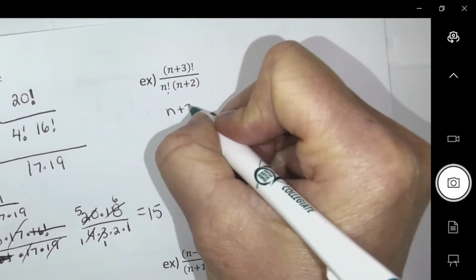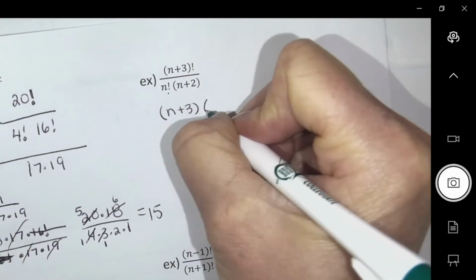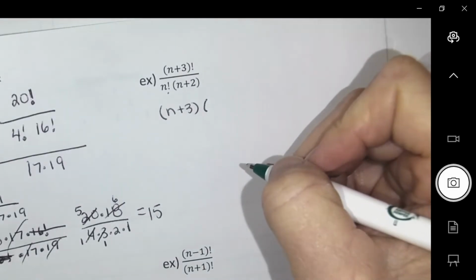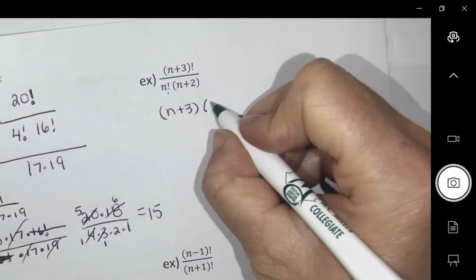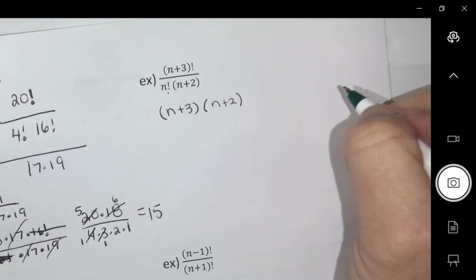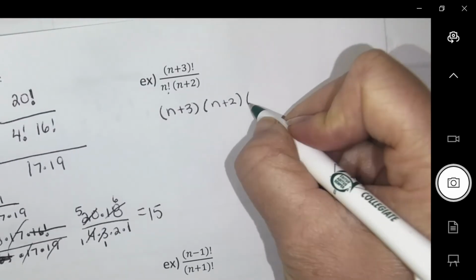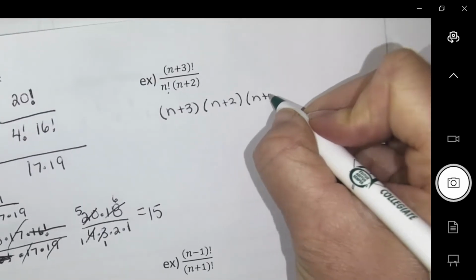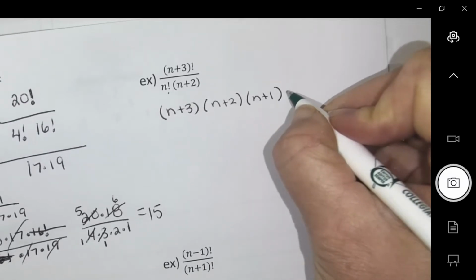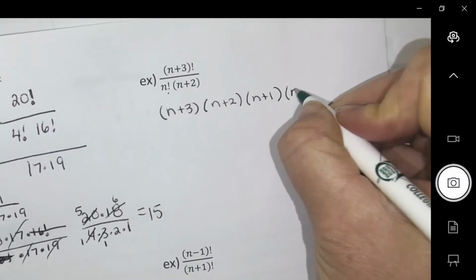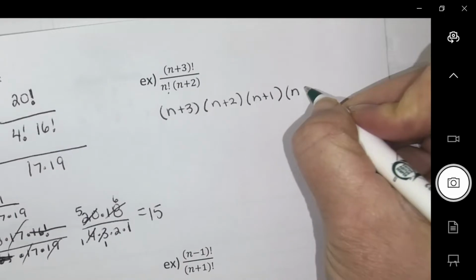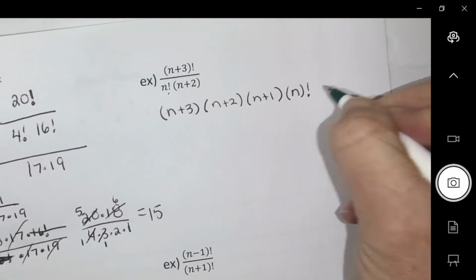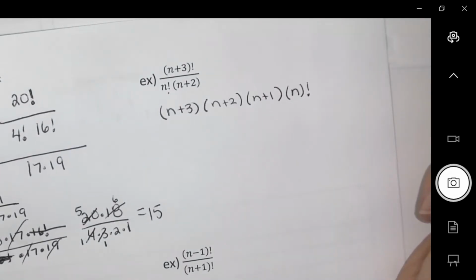Okay, so N plus 3. If you go down 1, N plus 2. If you go down 1, N plus 1, N. Okay, and that's where we're going to stop.